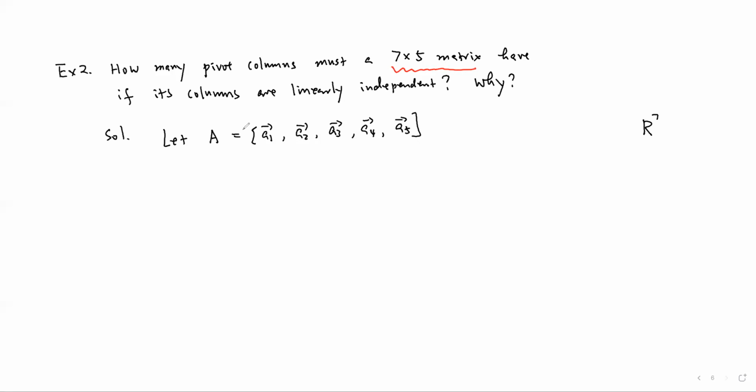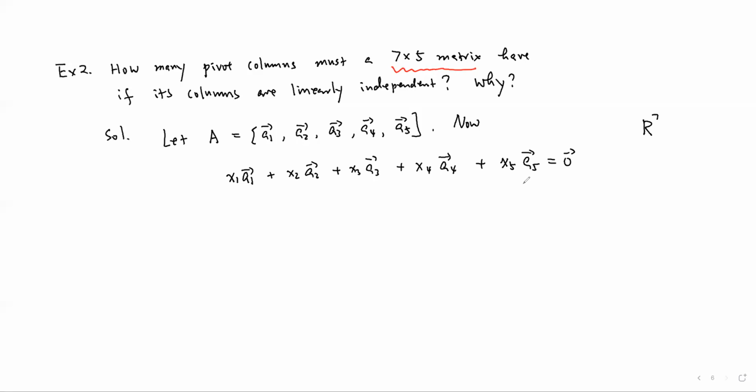Now we know that the columns are linearly independent. Now x1 A1 plus x2 A2, x3 A3, x4 A4, x5 A5 is 0.